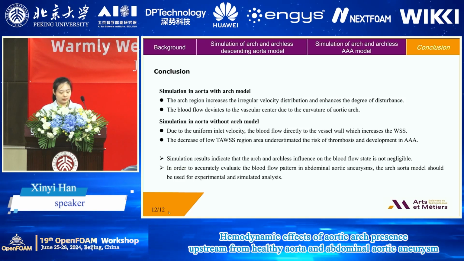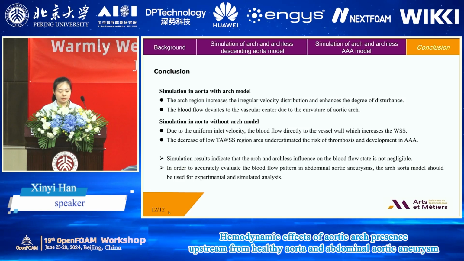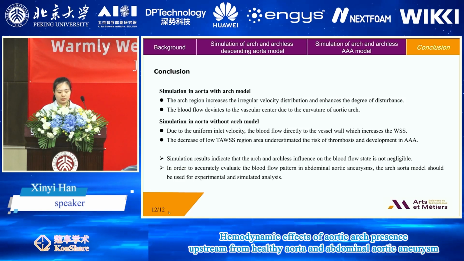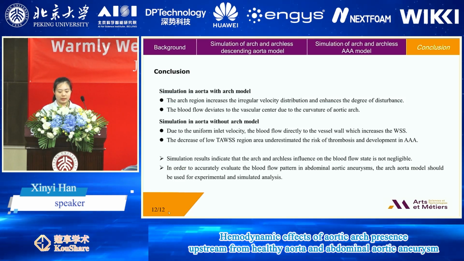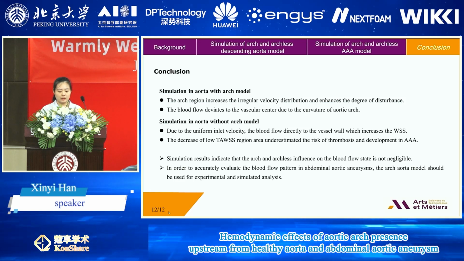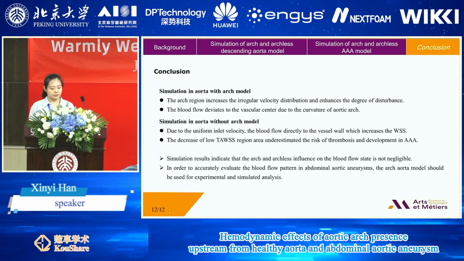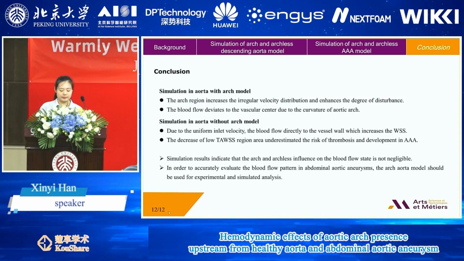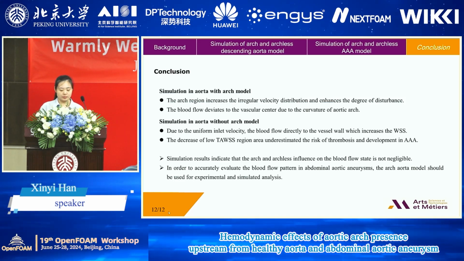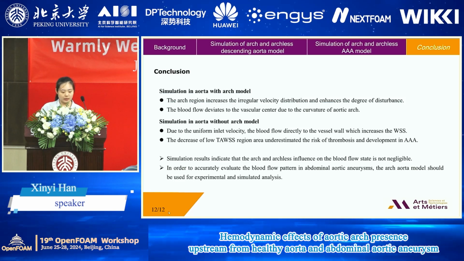And for the simulation in aorta without arch model, because of the uniform inlet velocity, the blood flow directly to the vessel wall, which will increase the wall shear stress, and underestimate the risk of thrombosis and the development in abdominal aortic aneurysm.